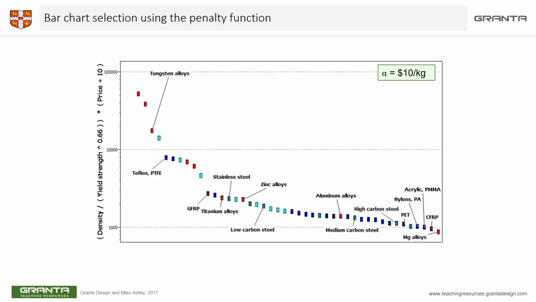Now you value reducing your mass significantly. As soon as I change the value of alpha to 10, you can see that the minimum options completely change. There are no steels immediately in the far right corner. There are certain types of high carbon steels, because of their very high strength and fracture toughness.